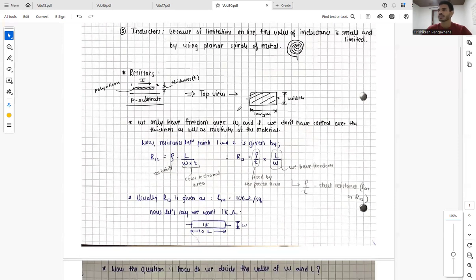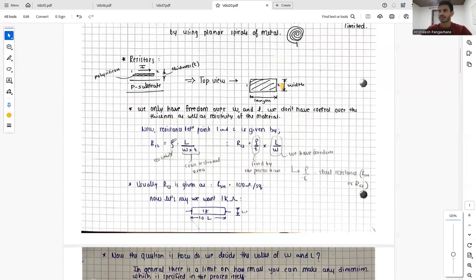Now the resistance between the two points 1 and 2 is given by R12 equals the resistivity multiplied by the length divided by the cross-sectional area, which is basically W times the thickness. Here, the resistivity and the thickness are already decided by the process team. So this is a constant value, which is fixed already, and we are provided with the sheet resistance.